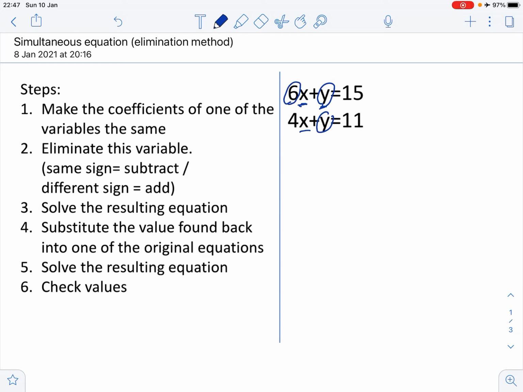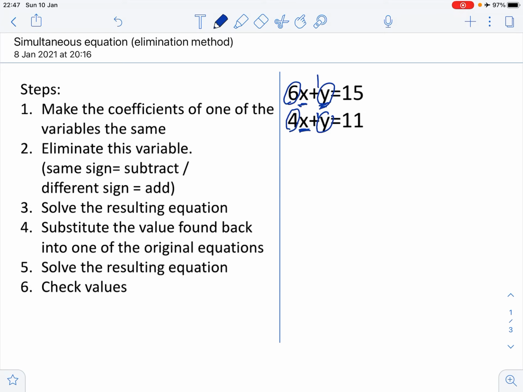So the coefficient for x in the first equation is 6, the coefficient for y in the first equation is 1, the coefficient for x in the second equation is 4, and the coefficient for y in the second equation is 1. So make sure the coefficient of one of the variables is the same. In both equations, the coefficient of y is the same.